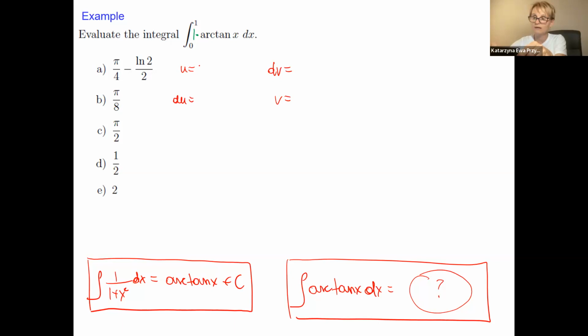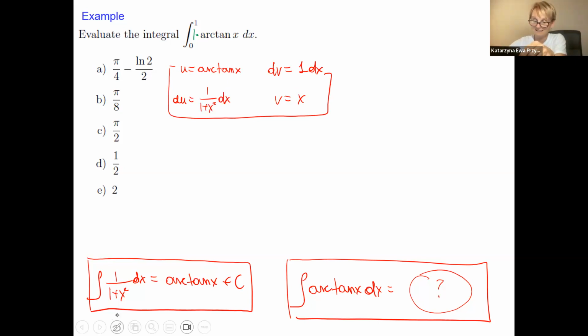Oh, wait a minute. Oh, okay, you're just writing the other way. We have to put arctangent of x because we know the derivative, and we will put 1 dx because we know the antiderivative is actually x.